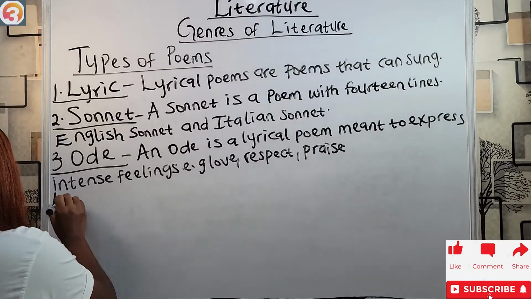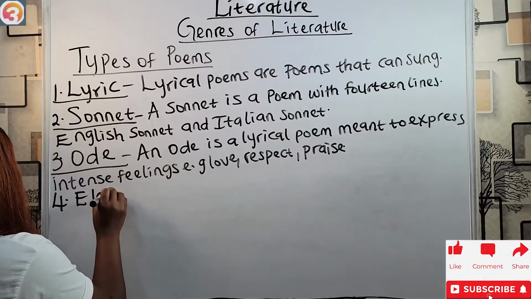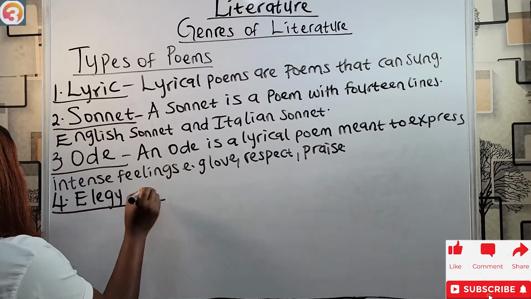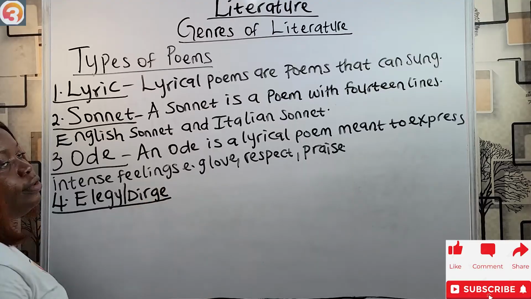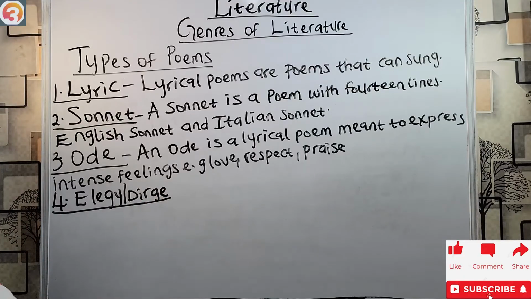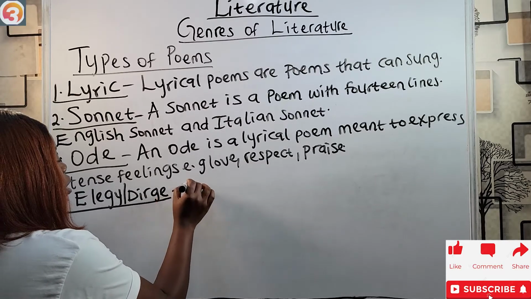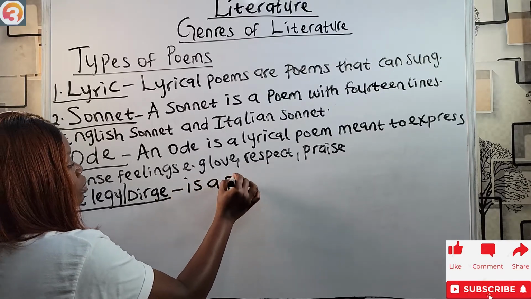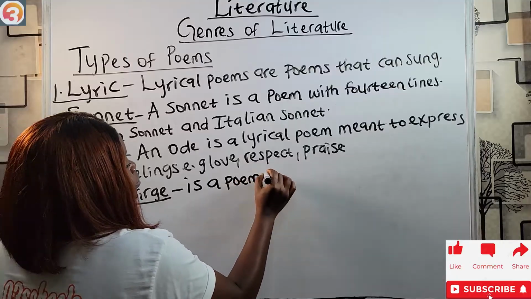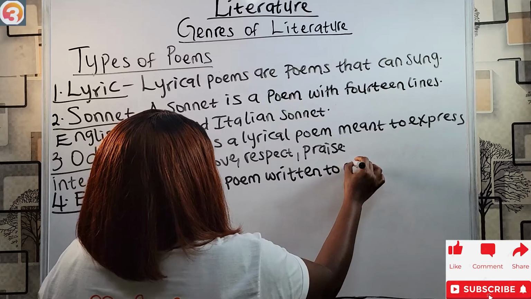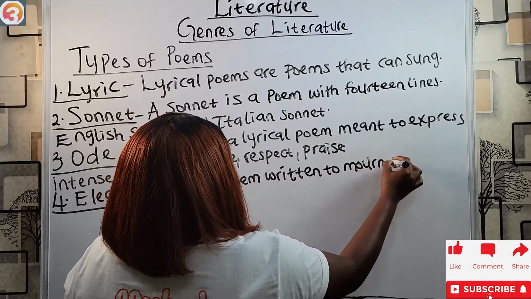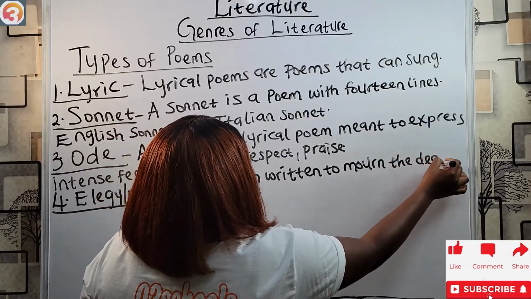We have elegy, sometimes called dirge, although there are slight differences because dirge is more a song, while elegy is a poem, but they are similar. And this is a poem to mourn the dead.